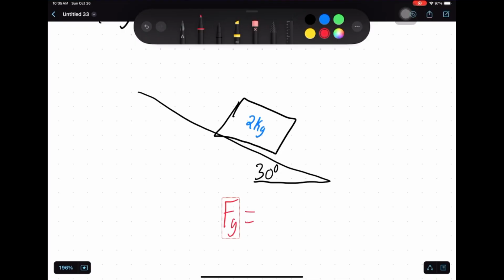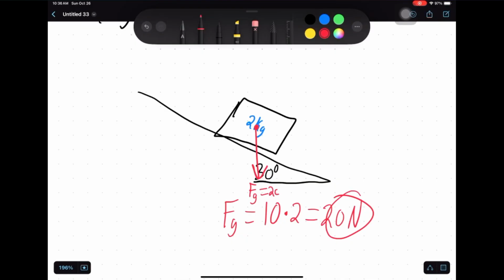So on Earth, that constant is about 10 times its mass, which is 2, which is going to give us a total of 20 newtons for our force of gravity. Now, put that on the box. We're going to go right here from the center, straight down. That is our force of gravity equaling 20 newtons.